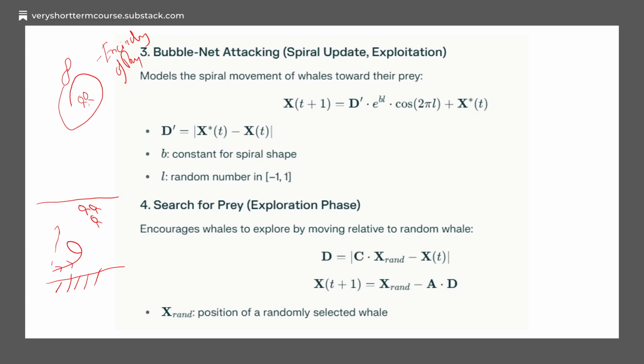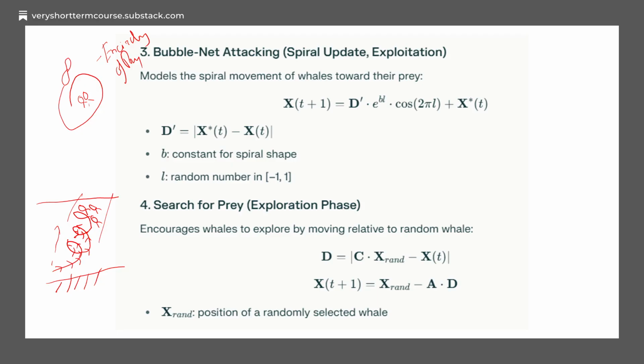They move like this, correct? Then again 9, then again 9, and so on. And when they are moving, they generate air bubbles, which create a wall around the prey and make the prey confused and motionless. Motionless means they are confused, they cannot run away at least. And at that moment of their confusion, the whale catches them.